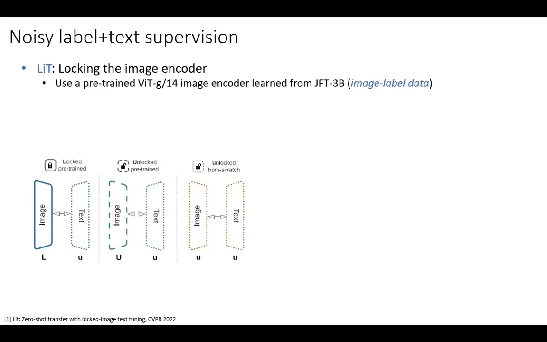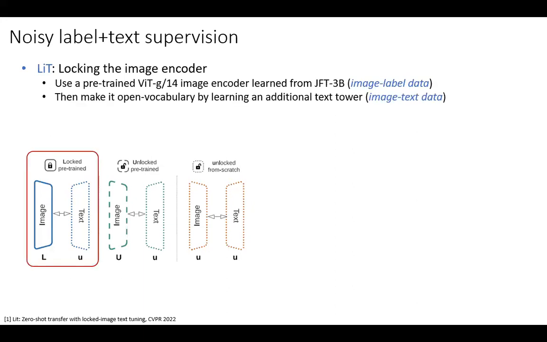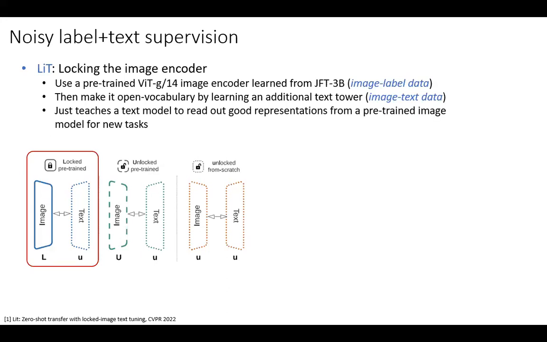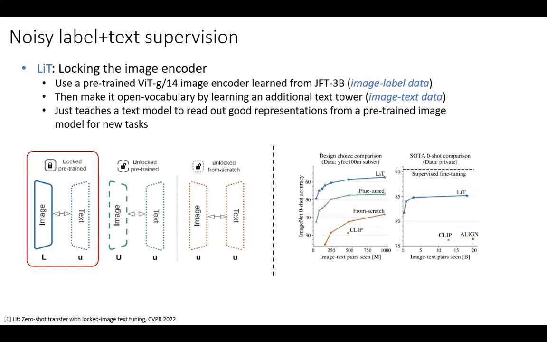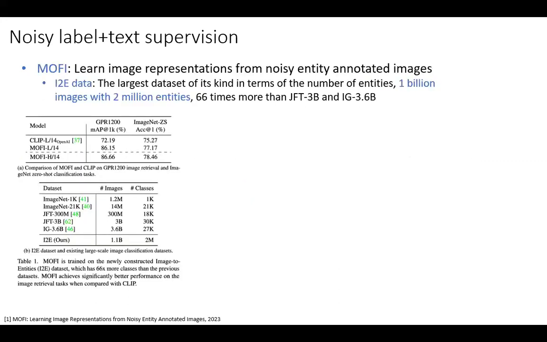But then based on this frozen image encoder, you can make the model open-vocabulary by just learning an additional text tower. So basically, the idea is just to teach a text model to read out a good representation from a pre-trained image encoder for new tasks. And by doing this, they also show much improved performance.